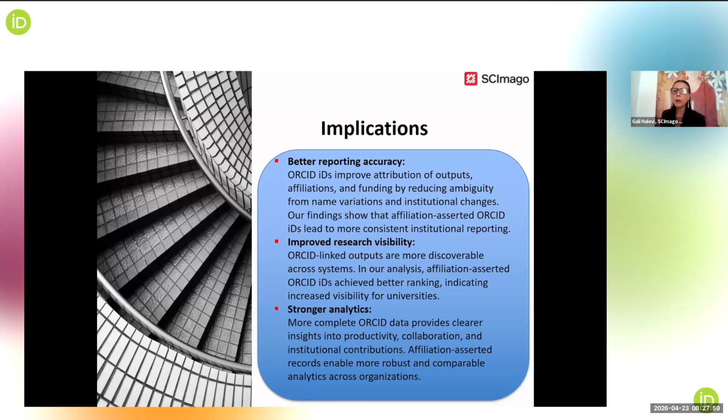profile. Research visibility, as I said: ORCID-linked outputs are more discoverable because ORCID is open. So the entire system is open. Those of you out there who are researchers, if you try to Google your name, probably the second or third entry will be your ORCID ID. I know it's mine.